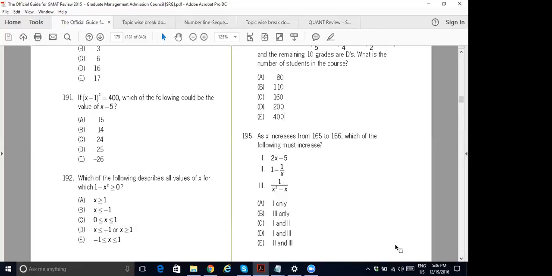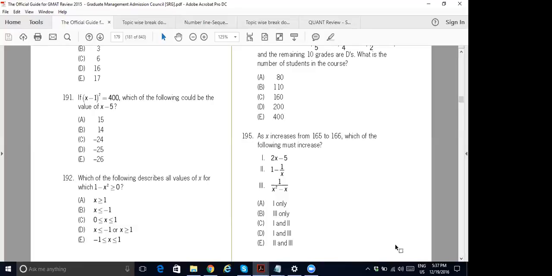But then what is the purpose of mentioning 165 to 166 here? The idea is to solve it in the best possible manner. So why have they used 165 and 166, and should you use this information or not?